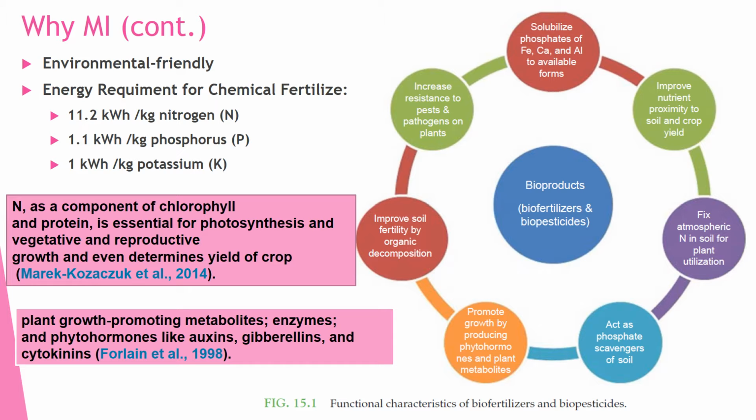More justification for the use of MI in bioproducts such as biofertilizer and biopesticide. I don't have to read, you can read it yourself. Quite similar to the six major properties that I presented in the earlier slides.